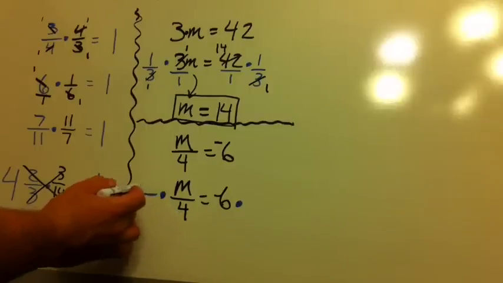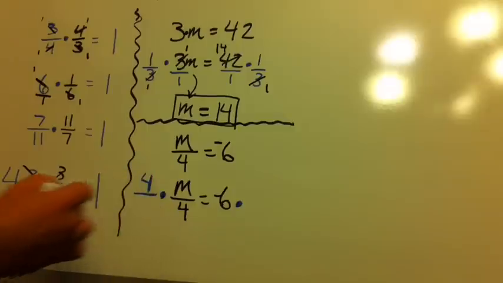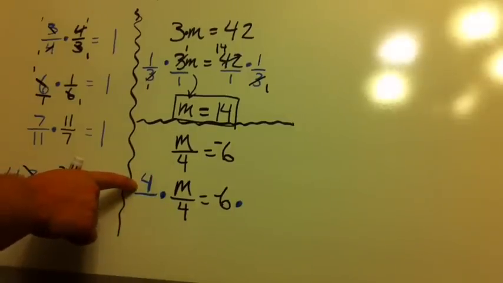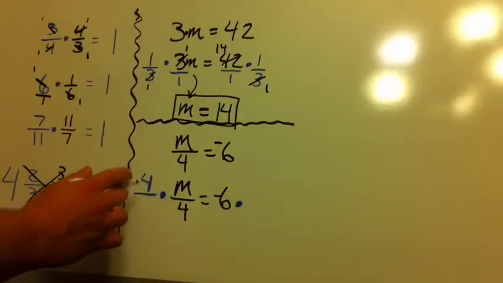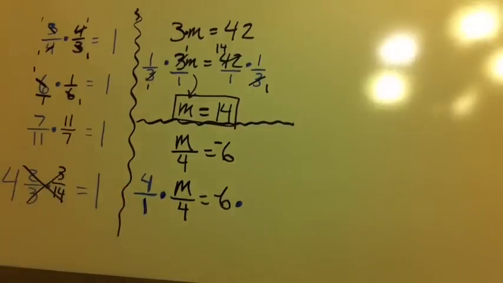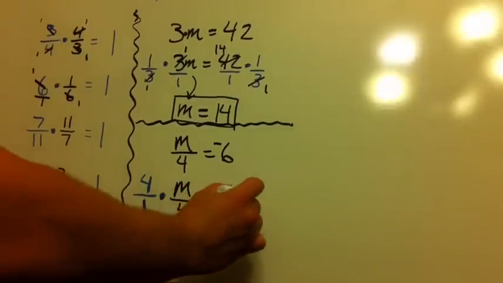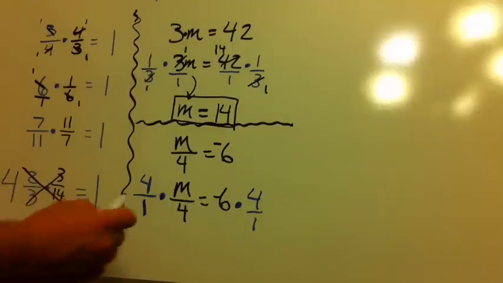So we will rewrite and multiply by the reciprocal. The reciprocal of a 4 in the denominator is a 4 in the numerator. So I will write times 4 over 1. If I do it to one side, times 4 over 1, I must do it to the other side, times 4 over 1.